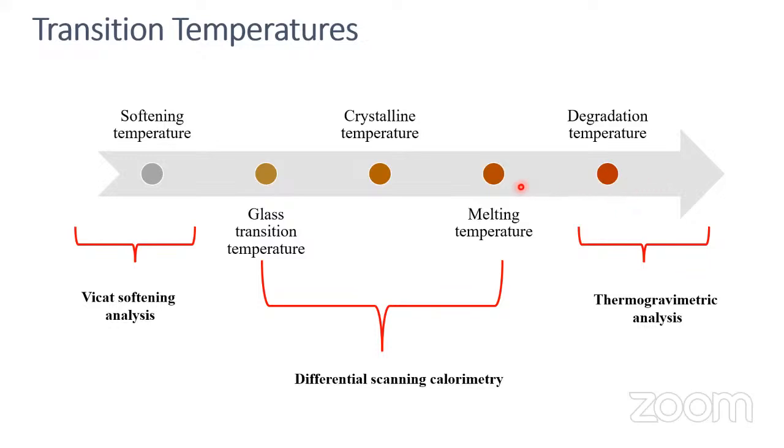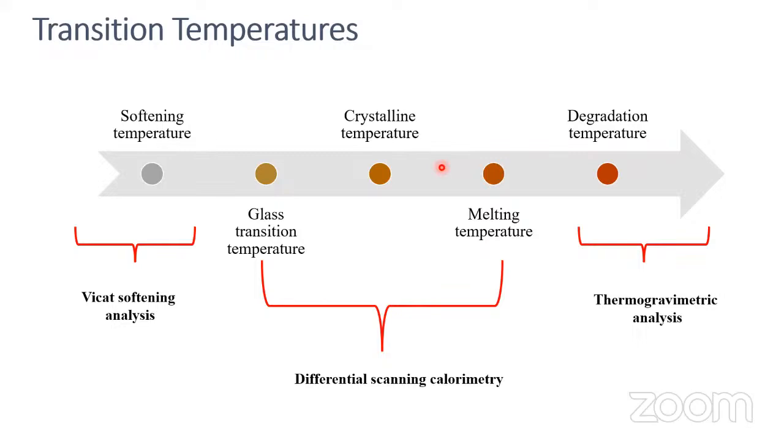Okay, but if you start to cool down the material after the melting point, if you reverse the process of heat or temperature after melting, so if you start cooling, the very first temperature we will get is nothing but the crystalline temperature. Because the crystalline temperature is the temperature at which, from the molten state, your polymer will again form a solid.